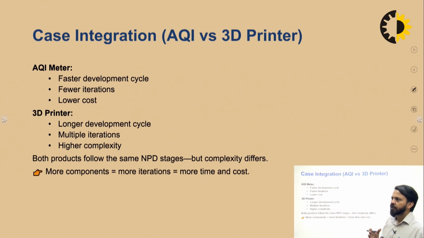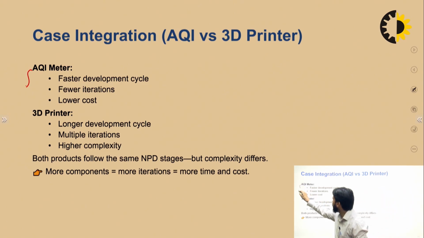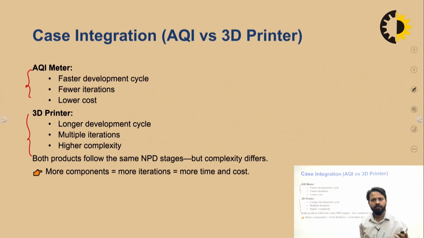So as the new product development systematic approach started from idea and ended with the product launch, now you have to think of two different aspects of the AQI meter and the 3D printer. These are two ideas, they will solve two different problems, but there are different aspects of understanding these two examples.